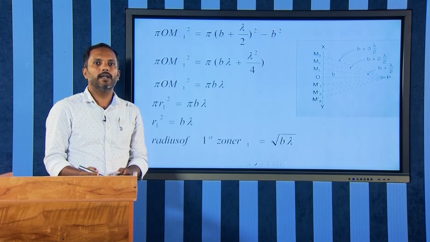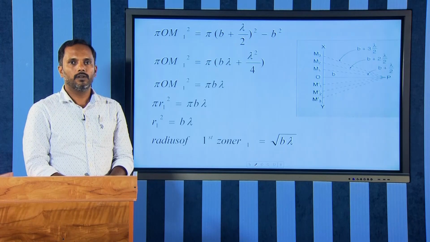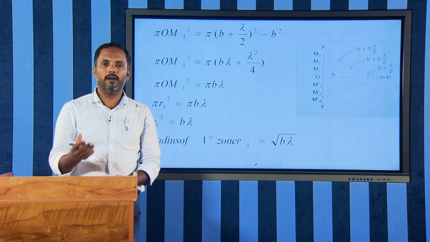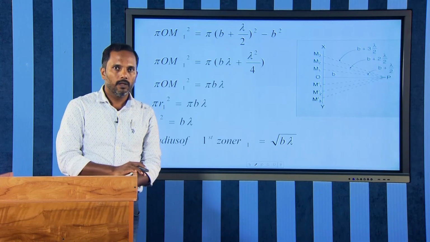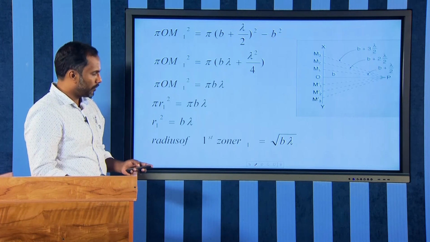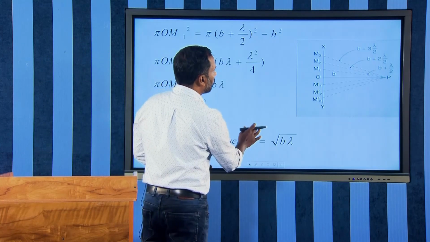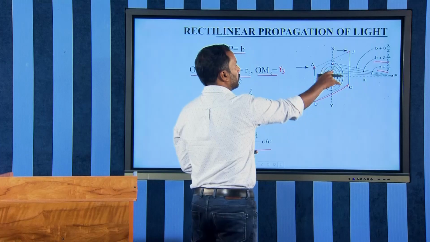Now, we have to calculate the area of each zone, first half zone, then second half zone and third half zone. So, in order to have a simple understanding, I am considering a cross section of this 3-dimensional view.